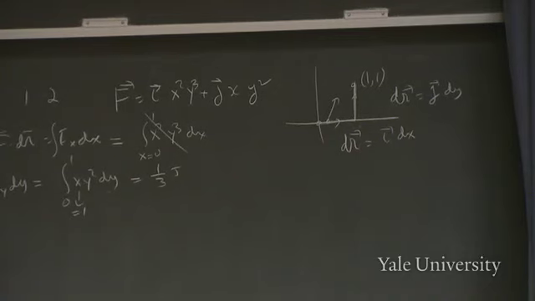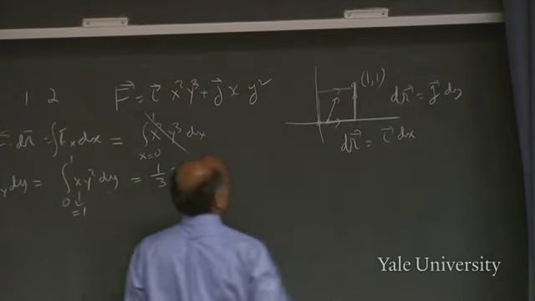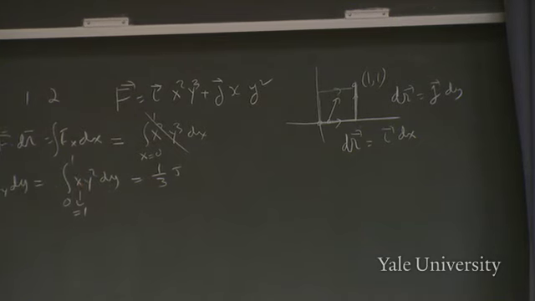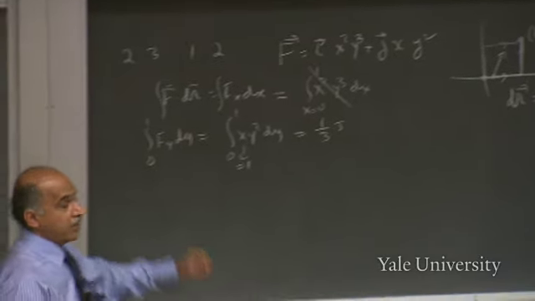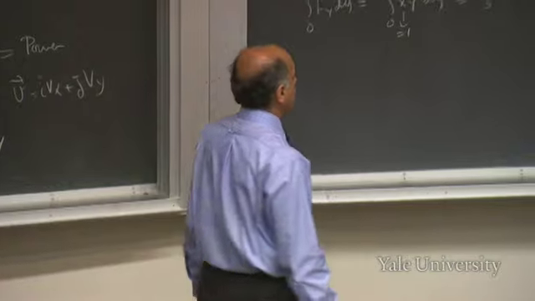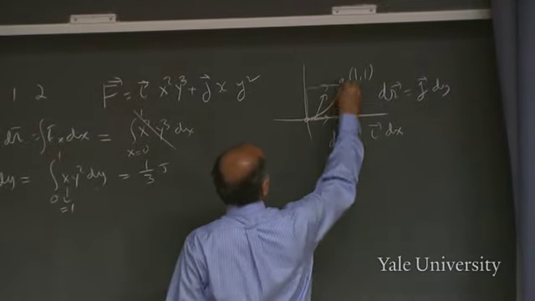You can also go straight up and then horizontally by a similar trick. I won't do that now, because I want to show you something else that's useful for you. I'm going to pick another path which is not just made up of x and y segments. Then it's very easy to do this. So I'm going to pick another way to go from 0,0 to 1,1, which is on this curve.